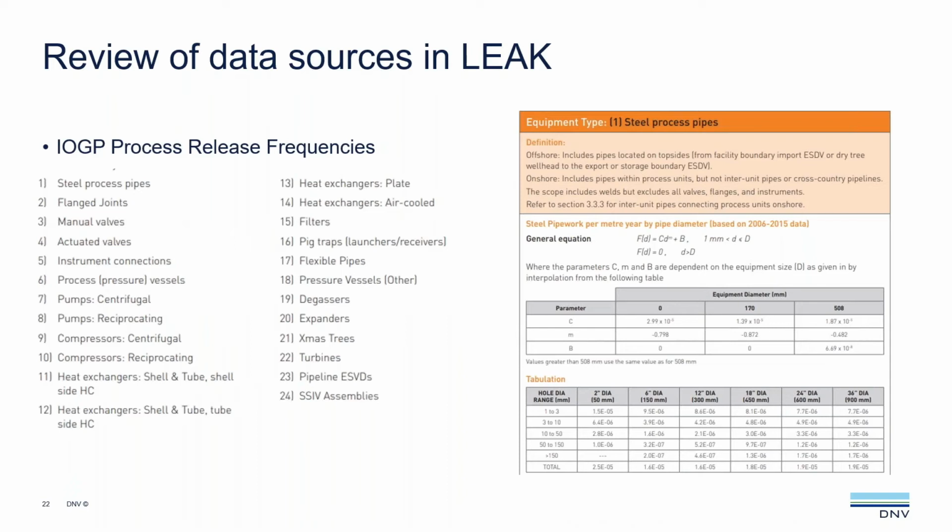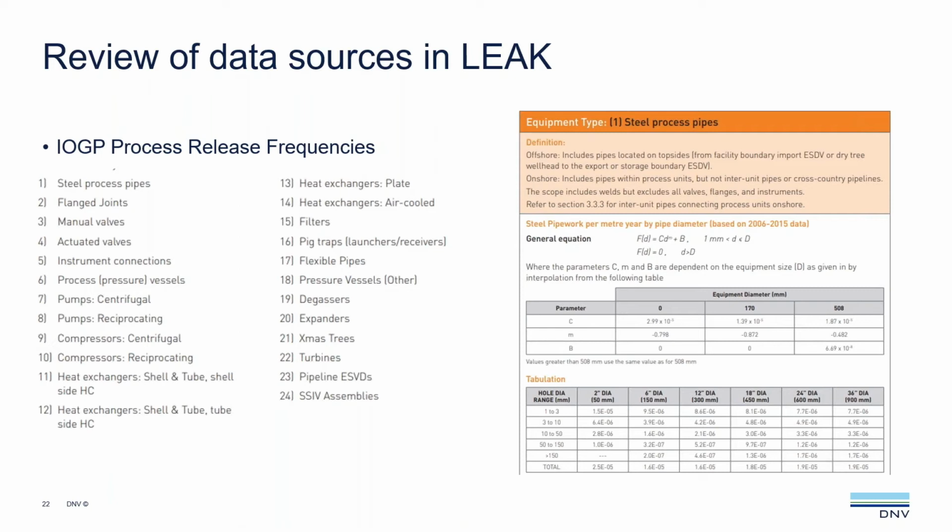Looking in this document in a bit more detail, it contains leak frequency functions and leak frequency predictions for a range of process equipment typically found on an installation. You can see a list of the equipment contained in this report on the left of the screen. On the right hand side, we have the format of the tables in the report. This is an example for steel process pipework, but the format is very similar for all of the types of equipment found in this report.